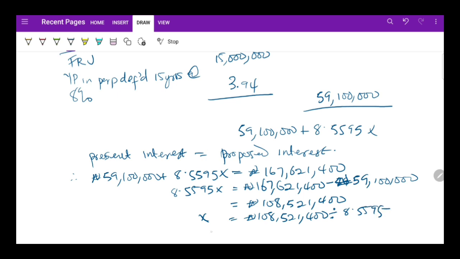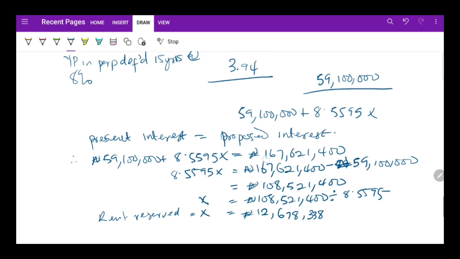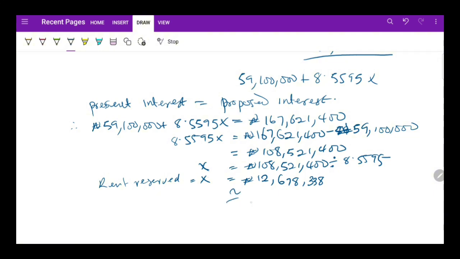So our rent reserved, which is equal to x, is equal to 12,678,338. Okay, so we can say approximately 13 million naira.